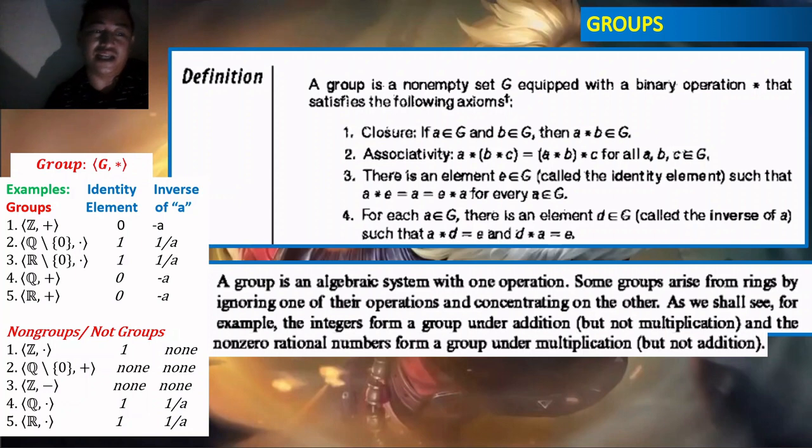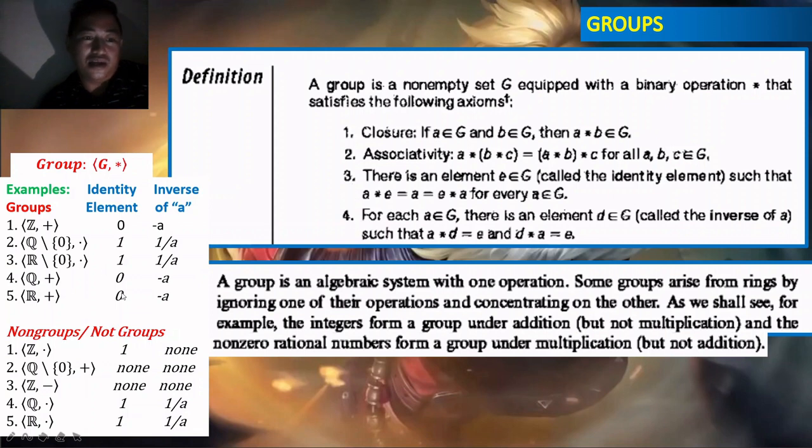So 1 half is still an element in the set of rational numbers. And then also for the real numbers, for example, square root of 2, its inverse is 1 over square root of 2. So square root of 2 times 1 over square root of 2, the answer is 1. Right? That is the identity element. Hence, class, they satisfy properties 3 and 4 also.